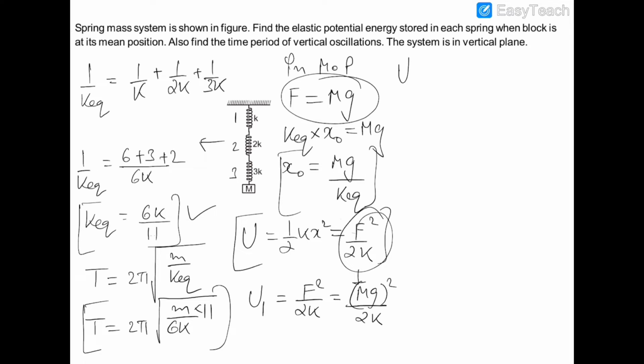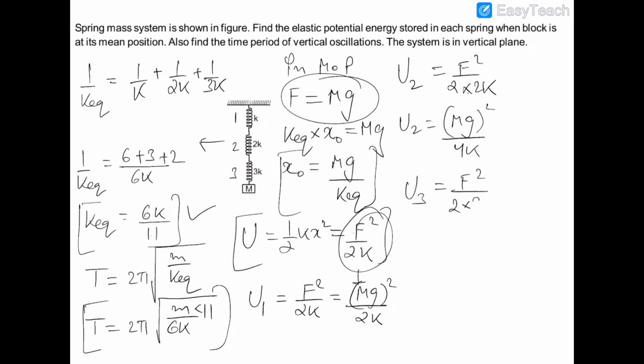Now the energy stored in the second spring would be F square by 2 into 2k. So U2 would be mg square by 4k, and the energy stored in the third spring would be F square by 2 into 3k. So U3 will be mg square by 6k.